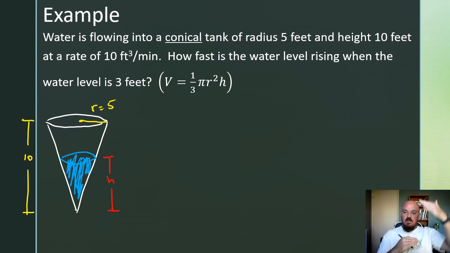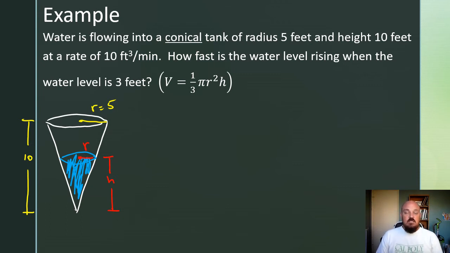So the height of that smaller cone is increasing. And like we talked about on the other slide, the radius of that cone is also changing. So we actually have 3 variables: volume, radius, and height. So I got my picture. I got my variables assigned.